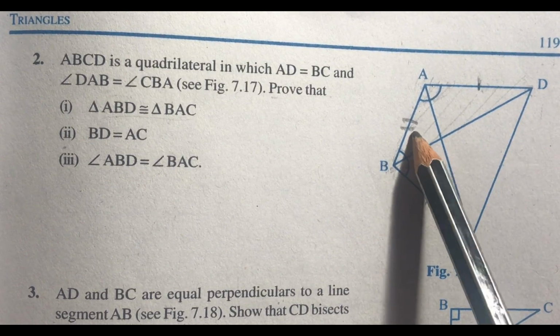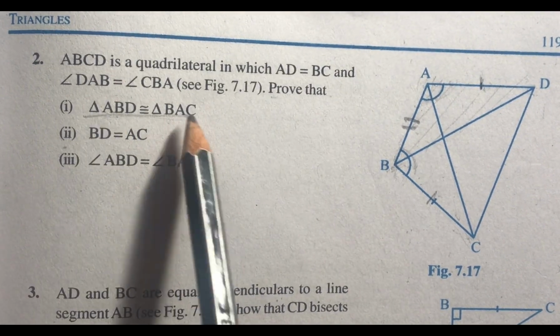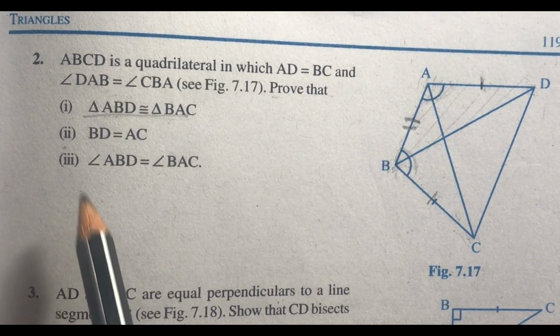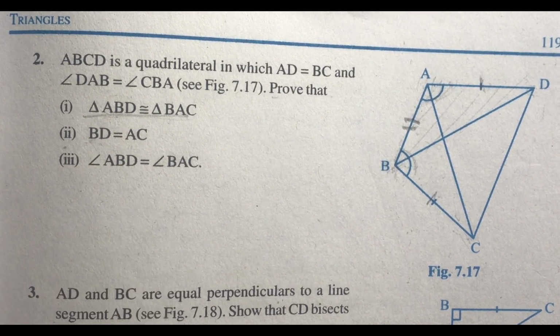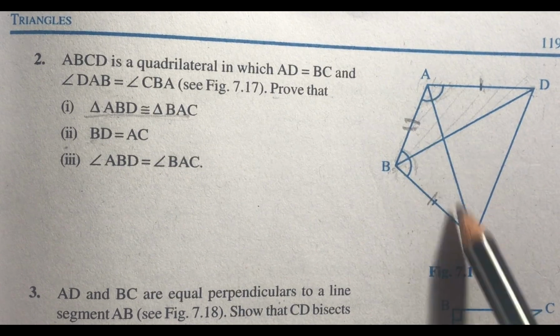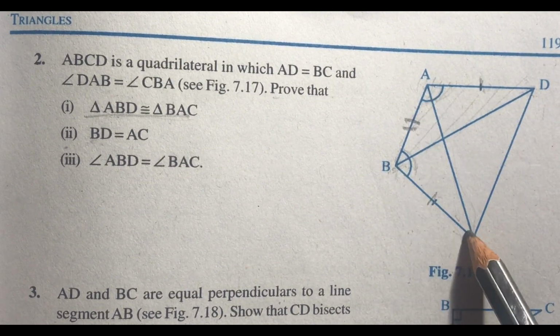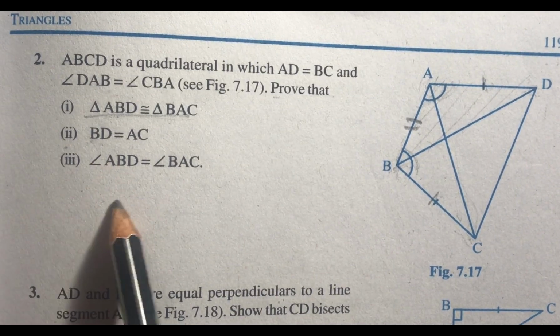By SAS congruence rule, these triangles are congruent. And what about the second one? We have to prove BD equal to AC. BD will be equal to AC by CPCT, congruent parts of congruent triangles.